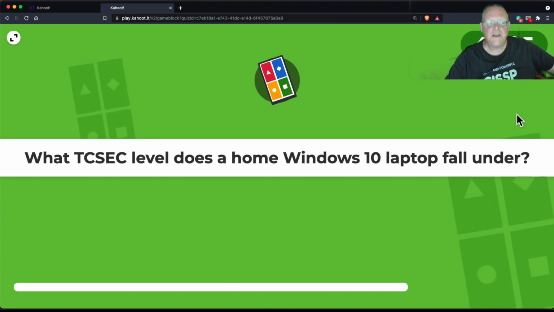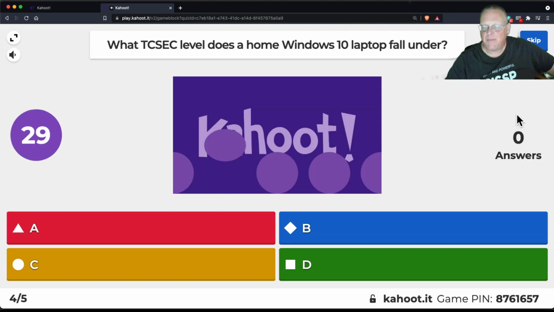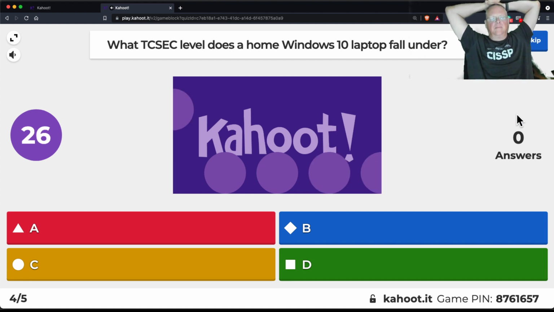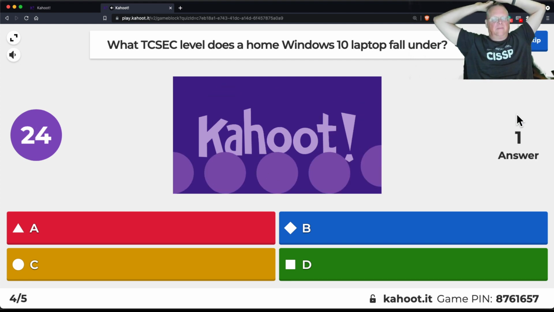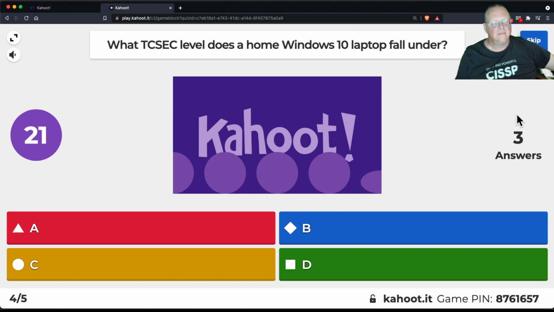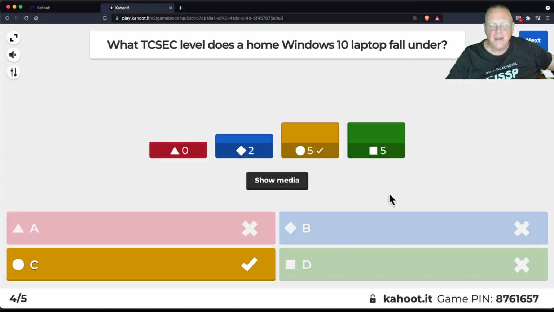So what is the TCSEC level for a typical home Windows laptop? Okay, that's C. This is like grades at school.